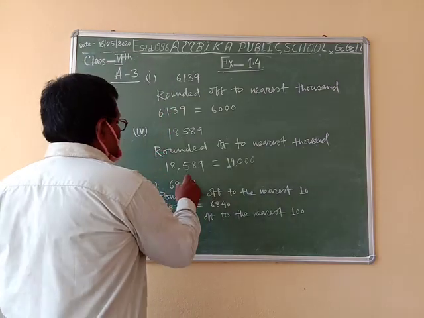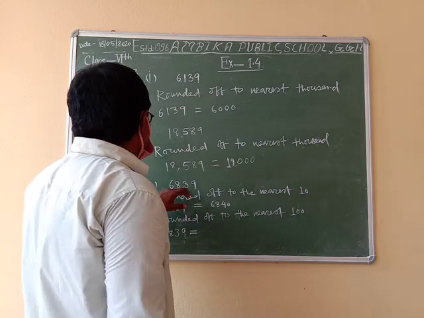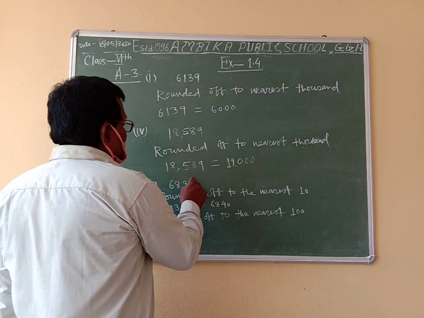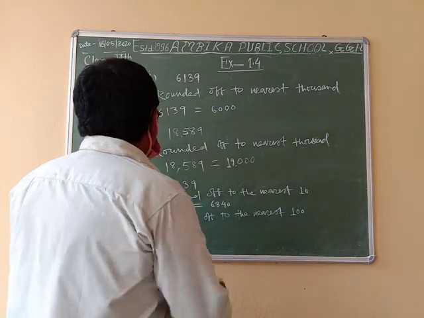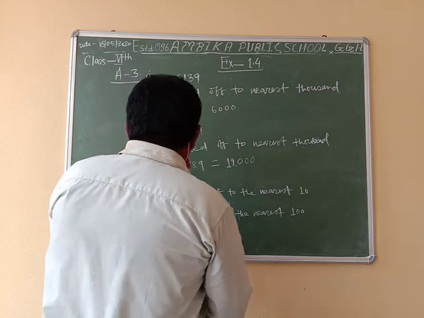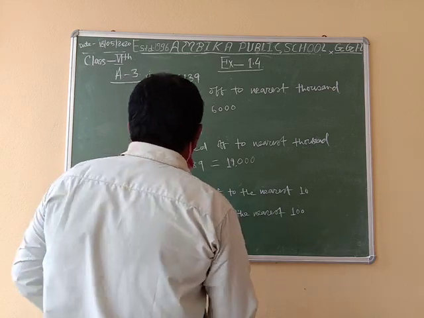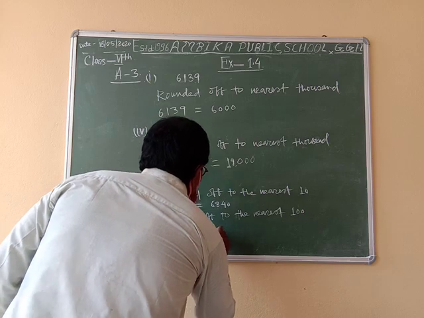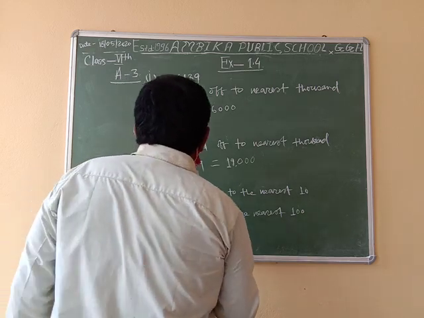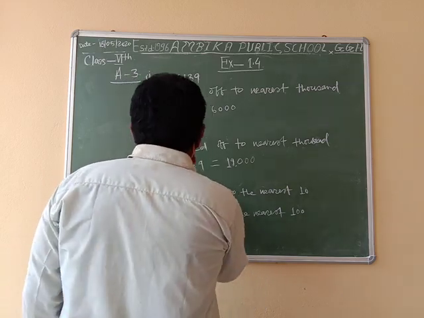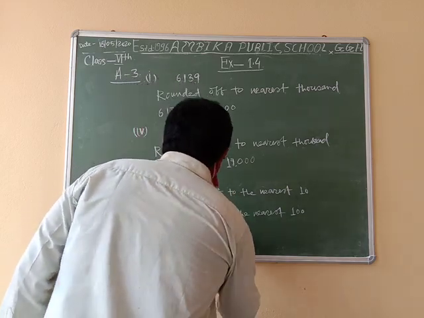Here we see that the tens digit is less than 5, so we replace 3 and 9 by 0 and write the other digits the same. So the estimated number is 6839 is equal to 6800.